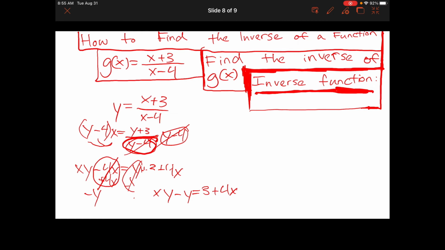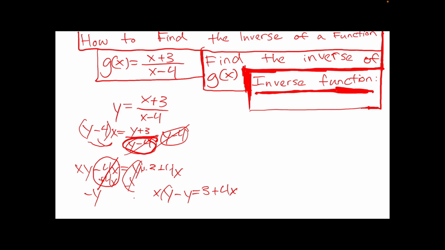Alright, so now what we have to do is factor out a y so that we have one y. So that means we would have y times x minus 1 equals 3 plus 4x.